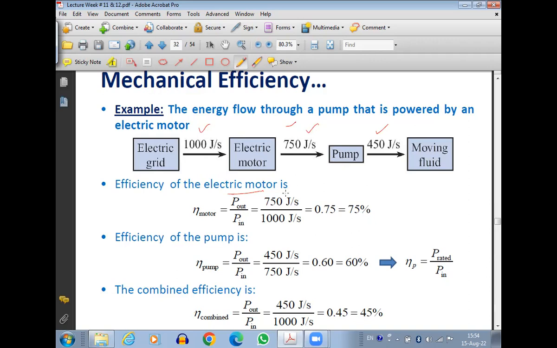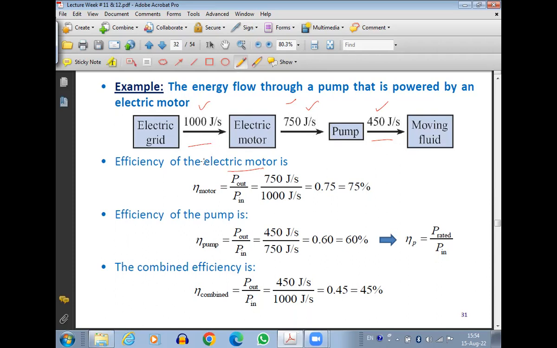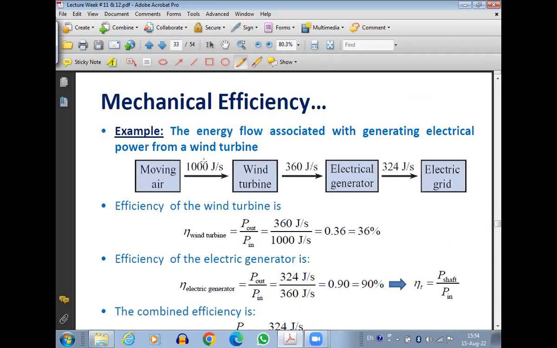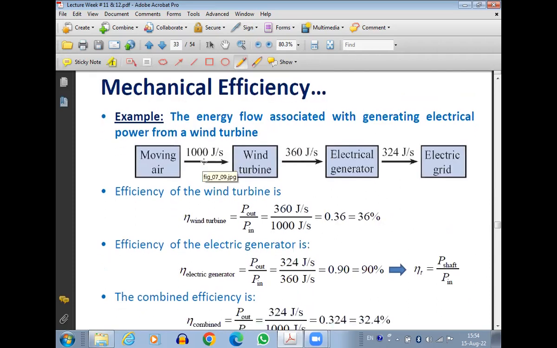And if you want to know the overall efficiency or combined efficiency of the pump, it will be the overall output divided by the overall input. So this is what's mentioned here. Similarly, in case of the turbine, we are moving the other way around. We have a fluid which has a lot of fluid power. That fluid power runs the turbine, the turbine runs the generator, and the generator produces the electricity.